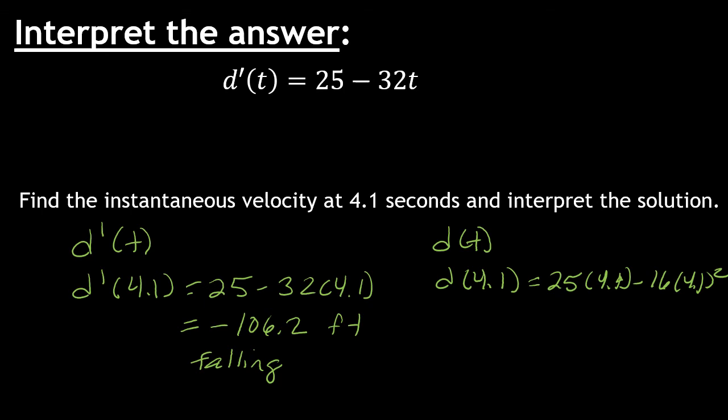So 25 times 4.1 minus 16 times 4.1 squared. So the object is at 166.46, and I think that's feet. So anyway, you get d of t.